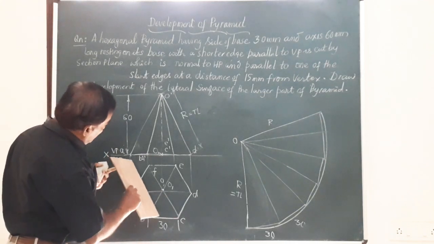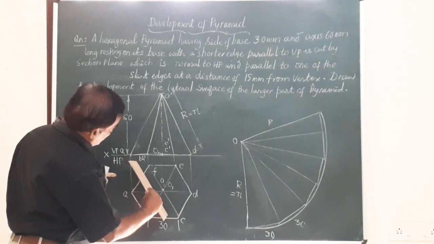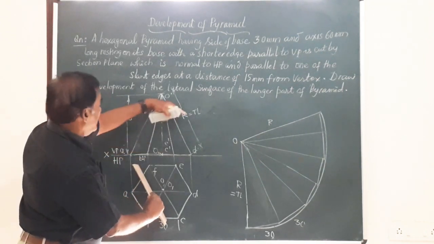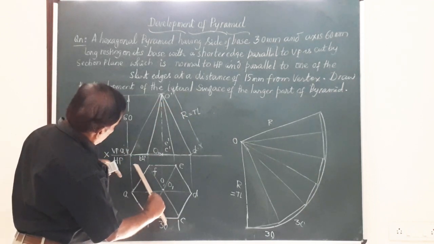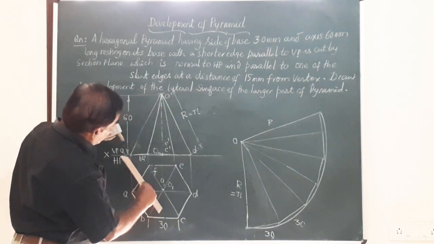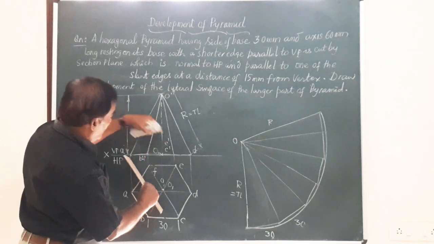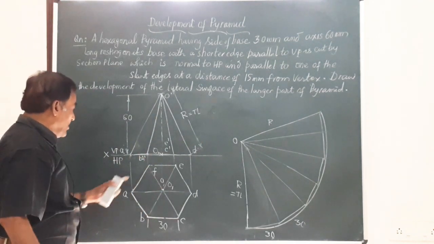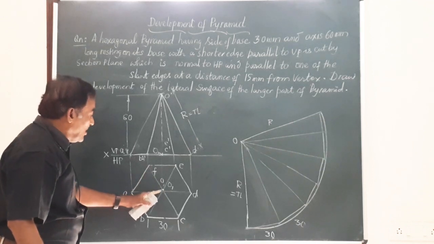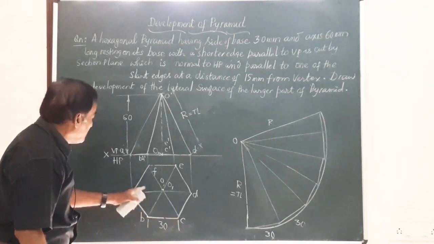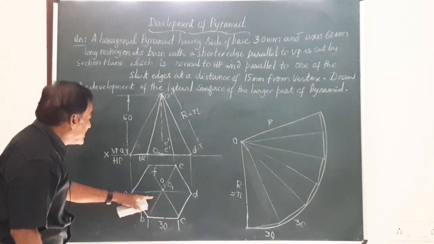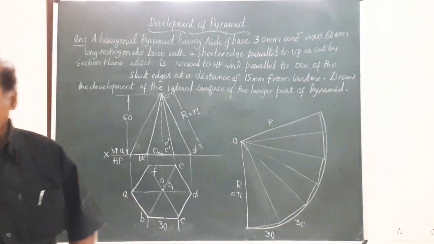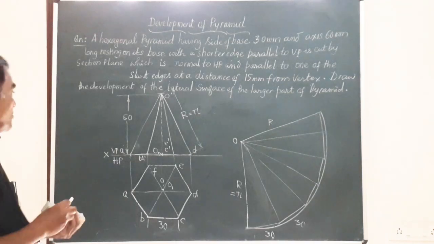So suppose you are keeping it like this, at a distance of 15 millimeter from there, what will be the angle? It has to be parallel to OF and OC. So I am going to draw a line, the section plane, parallel to this OF or this OC at a perpendicular distance of 15 millimeter, and see where the section plane is cutting the solid.